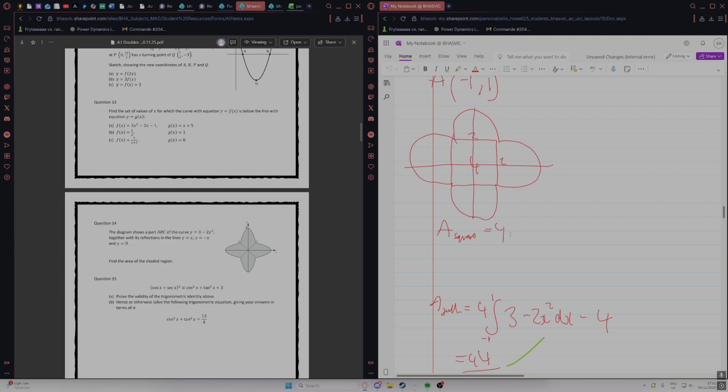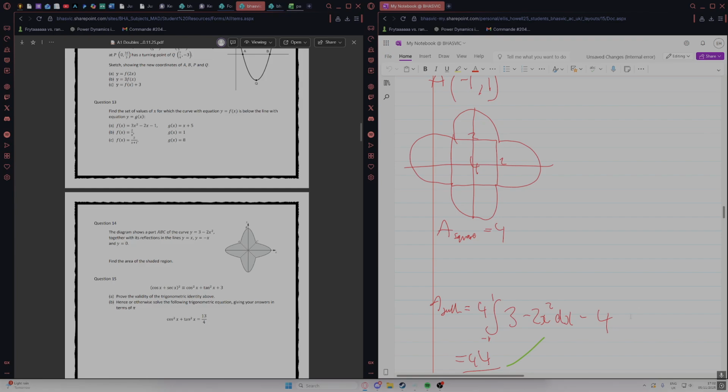So I just found the area of the square and took away 1 of the squares, because when you integrate this curve, it goes down and hits the axis. So if you only did the top and the bottom curve, then it would just give you that area. But because you're doing it to all 4 curves, you're going to get 2 times the area in the middle.